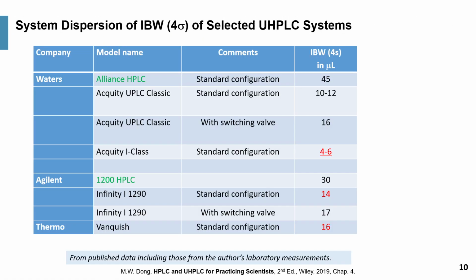Here's a table of system dispersion measured, either from my own data or published data. So once again, Waters Alliance system 45 microliters, and various others. The lowest one is actually documented from the Acquity I-Class with 4 to 6 microliters of 4 sigma instrumental bandwidth.